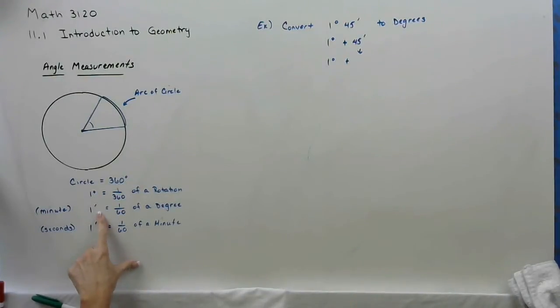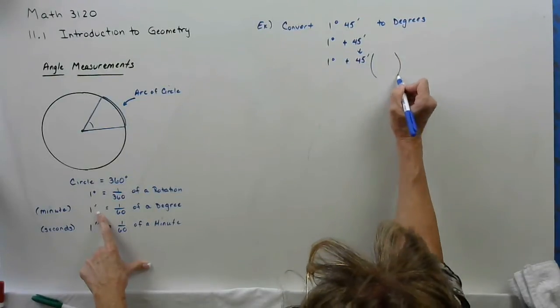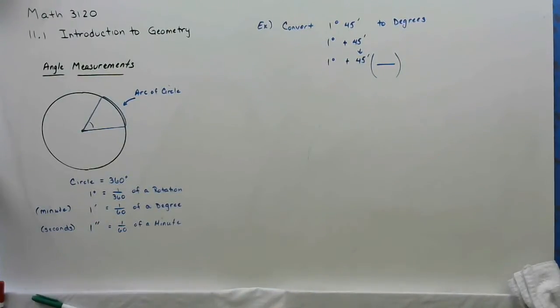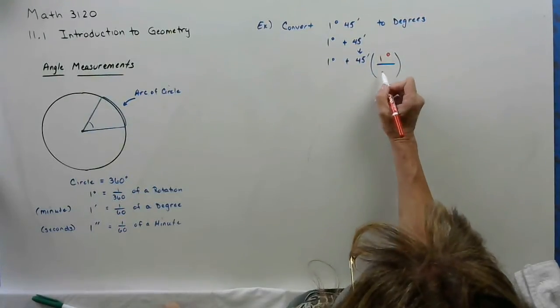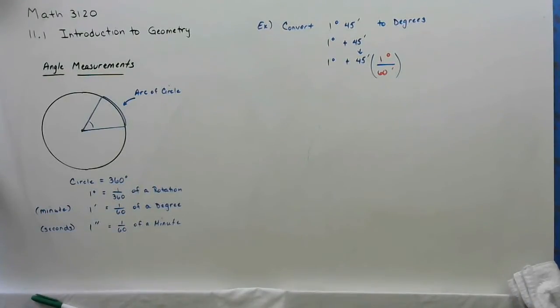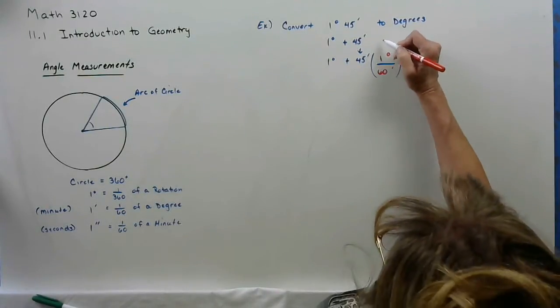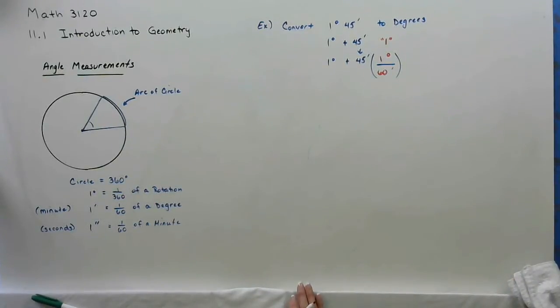Well, we know that 1 minute is 1/60th of a degree. So I'm going to take my 45 minutes and I'm going to multiply it by a conversion fact. I'm going to multiply it by the fact that 1 degree is exactly the same as 60 minutes. So I'm doing a little stoichiometry. I'm just multiplying by the number 1. Okay? This is simply the number 1. And you can always multiply by 1 without changing the value. We're just changing the way that it looks.